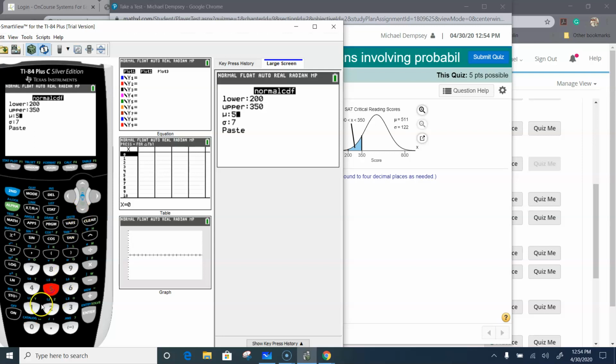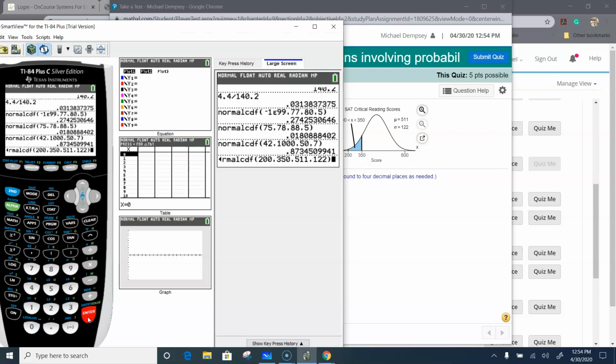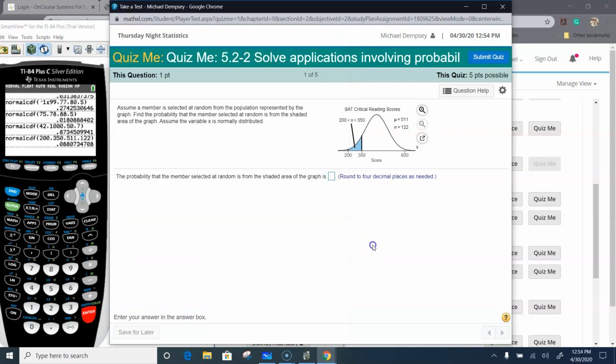Mean is 511. Standard deviation 122. I get 0.0881.